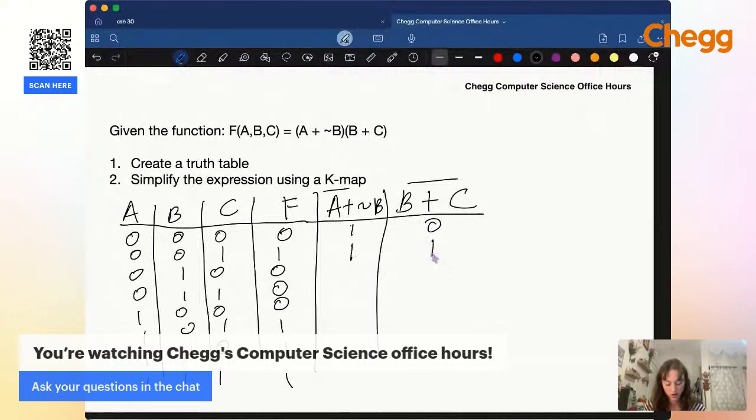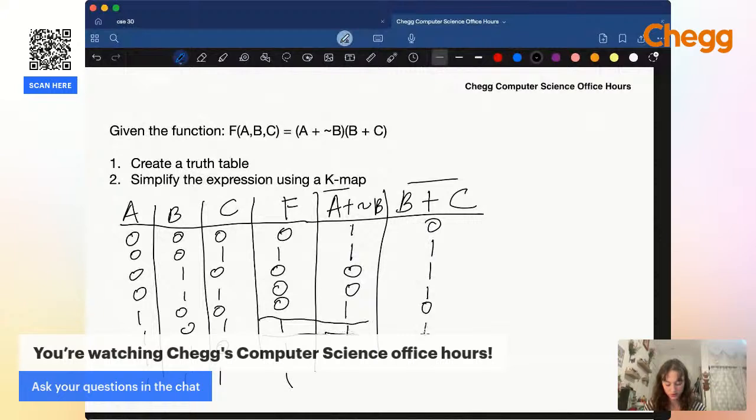So F is true. This is false and this is true, but they both have to be true. This is false. This is true. And this is true, but this is false. My line's got a little bit messed up. This is true.